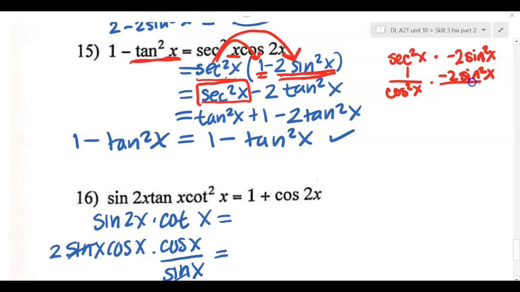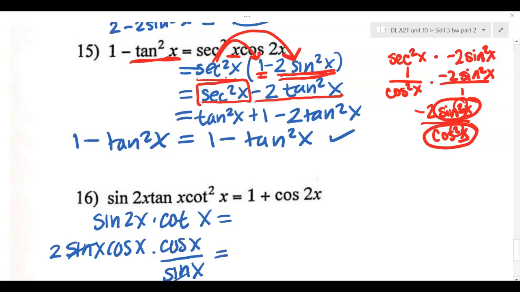And since this is all just multiplying and there's no addition and subtraction, we can think about this as one fraction. When we do that, you see that you have a sine over a cosine with the same angle. Sine over cosine is tangent. They're both squared, so that's a tangent squared. So that's why I'm getting the negative 2 multiplying by tangent squared.